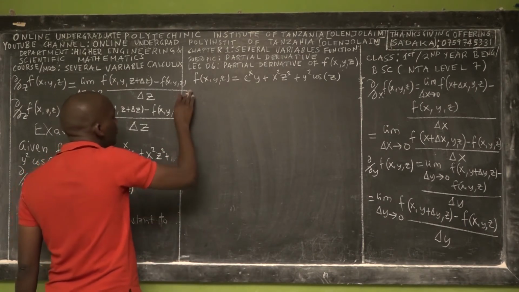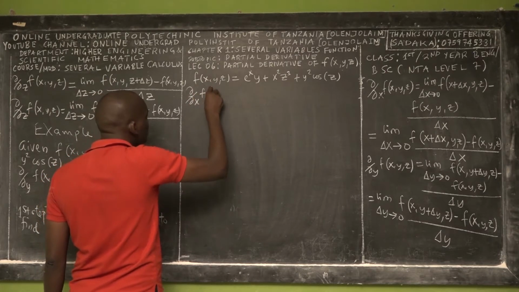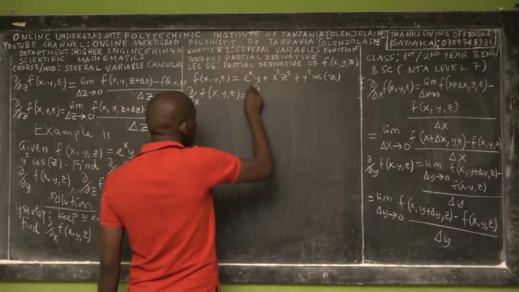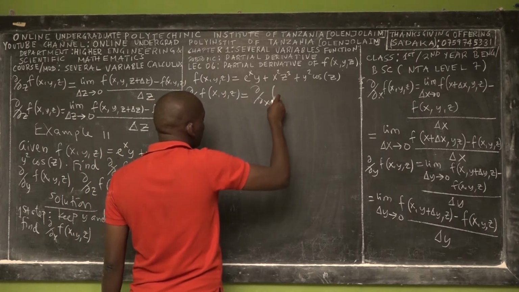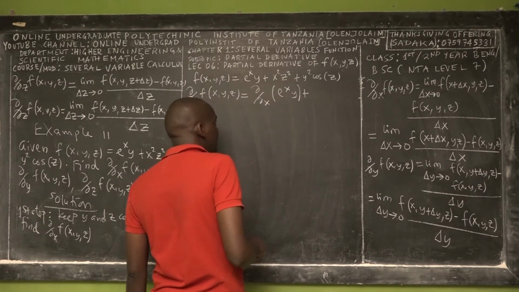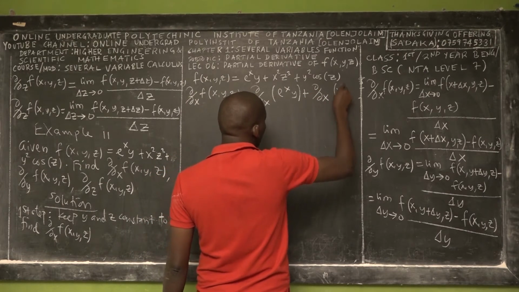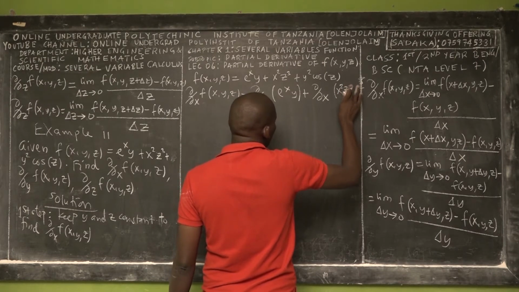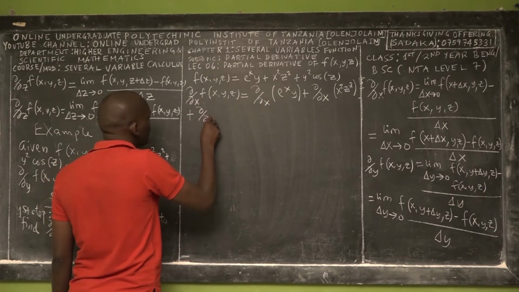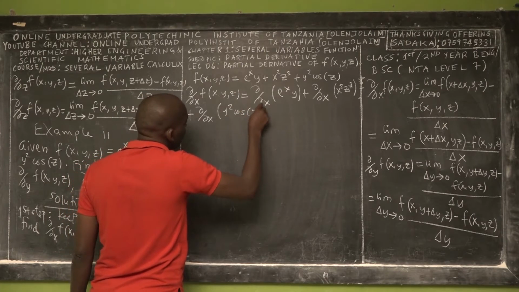To find the partial derivative of this function, you have to differentiate with respect to x when y and z are kept constant. Here we have to find the partial derivative of x squared z cubed with respect to x, plus the partial derivative with respect to x of y squared cosine of z.